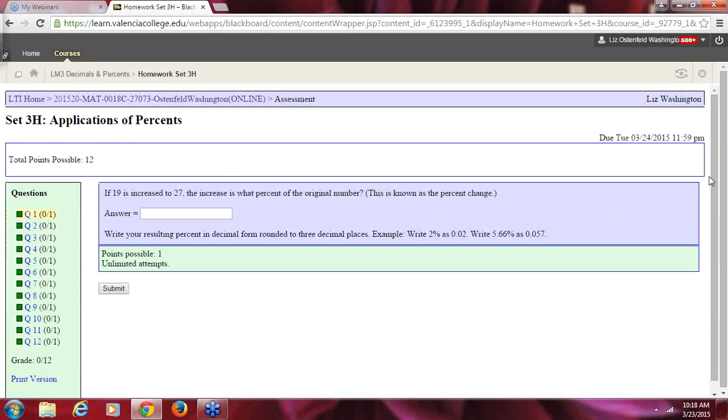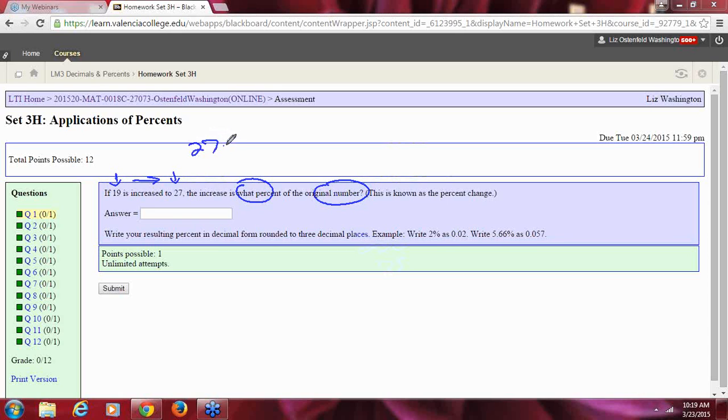Okay. So this one is a percent increase problem. It says if 19 was increased to 27, the increase was what percent of the original number? So whenever you're doing a percent increase and a percent decrease, you want to find out the difference between the original and the new number.